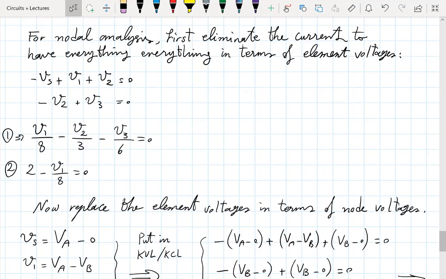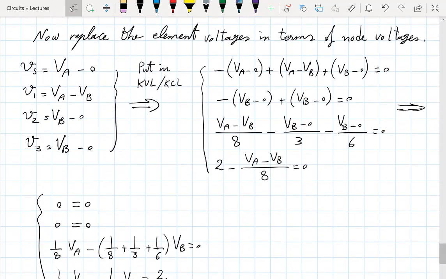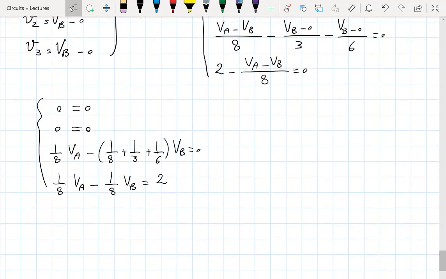And that's what happened. So I didn't need to write my KVLs. The KCLs, on the other hand, I did need to write. And I got these equations. And my variables are node voltages. So by writing nodal analysis, I have essentially ended up with a smaller system of equations. Rather than having all the element voltages and currents, I have just a few node voltages.